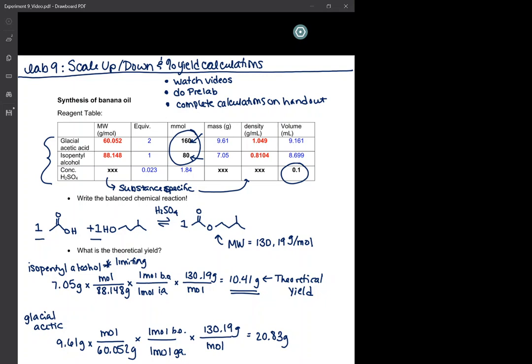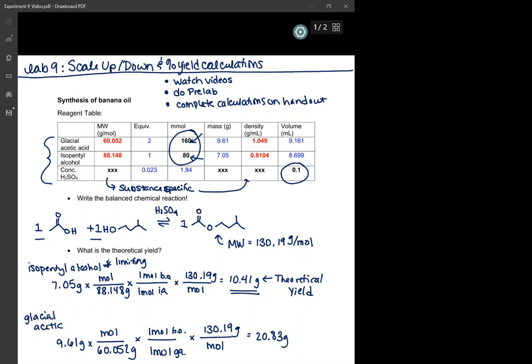So if in the lab, when you do this experiment, you set everything up according to your reagent table, and then at the end you isolate 7.32 grams of banana oil from the experiment, we can calculate what the percent yield is. So our percent yield is going to be the actual yield, or the experimental yield from the experiment that you actually set up, divided by the theoretical yield that we calculated, times 100.